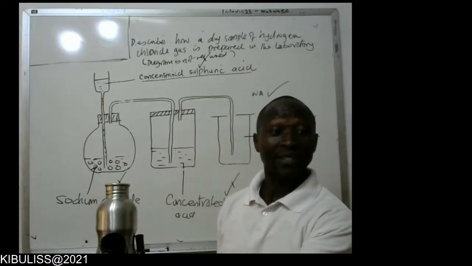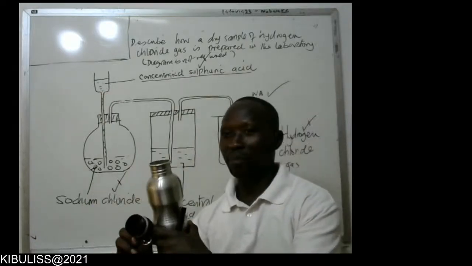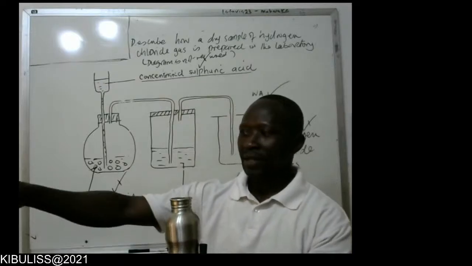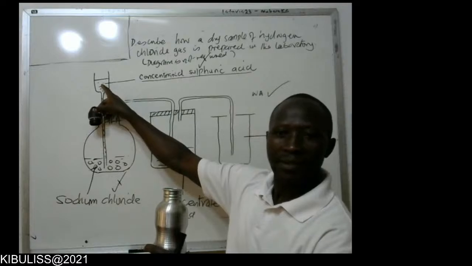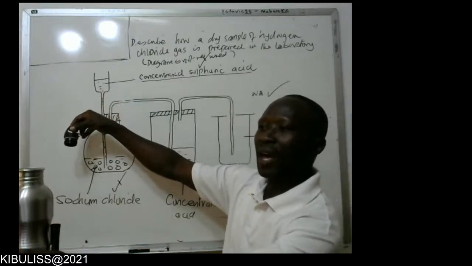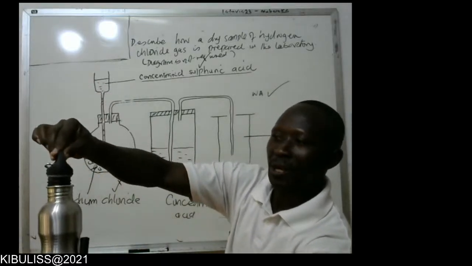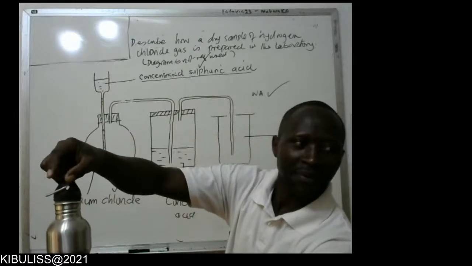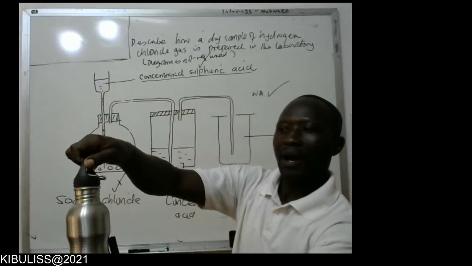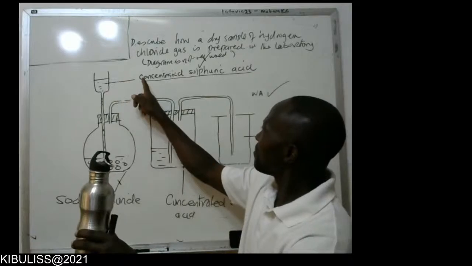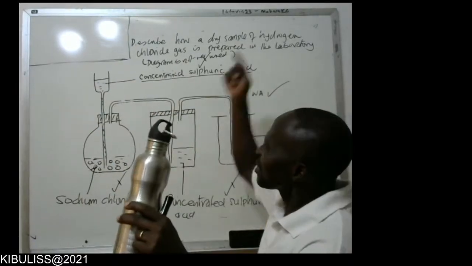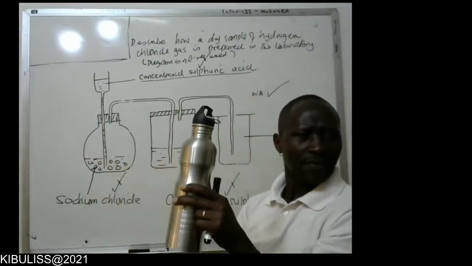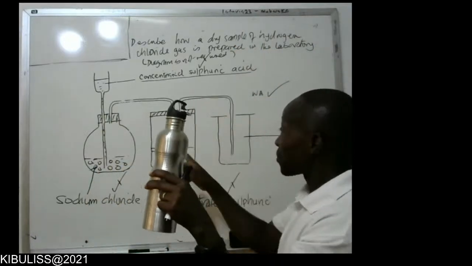What follows next? You bring the stopper. This stopper has a delivery tube and a thistle funnel. So the flask is fitted with a stopper having a delivery tube and a thistle funnel as the second step, which is missing in the original essay. So that one takes some of the marks around.